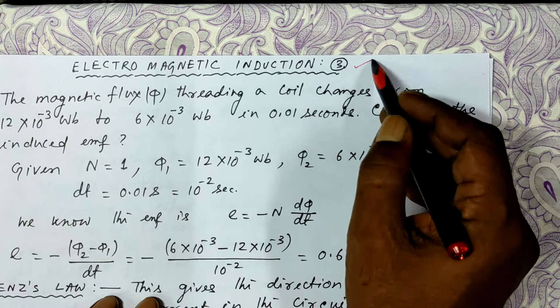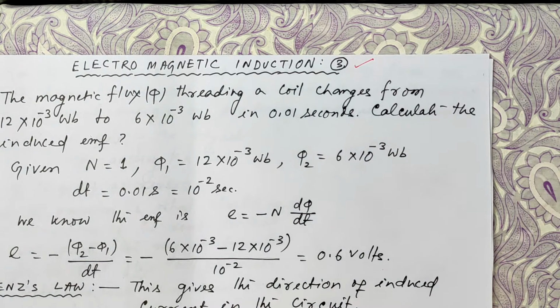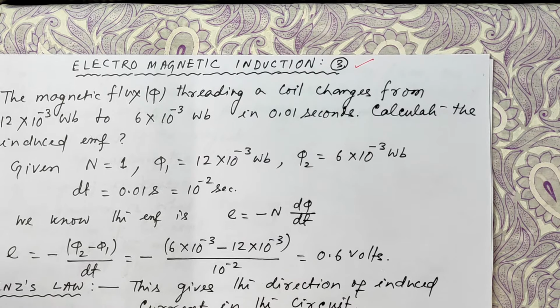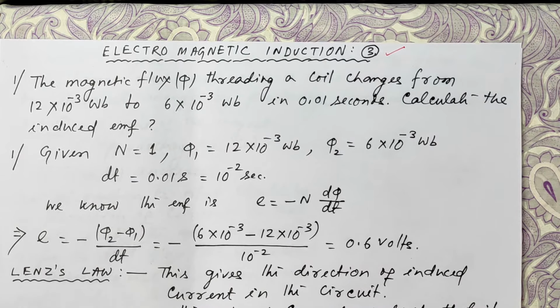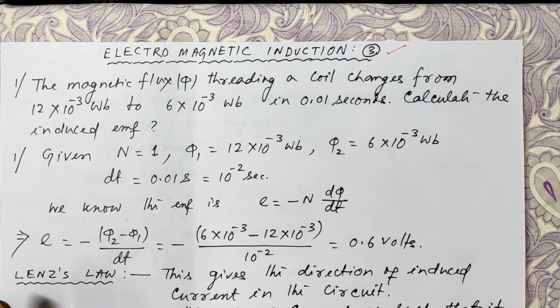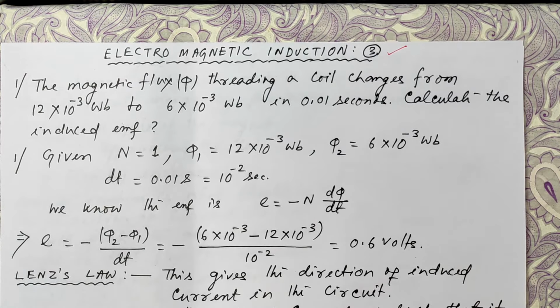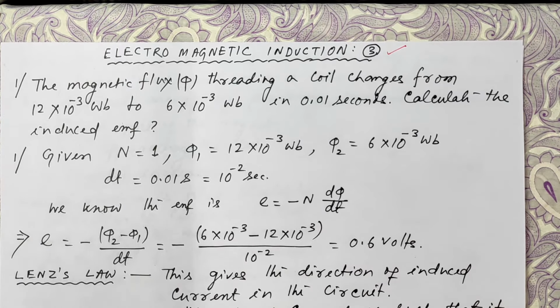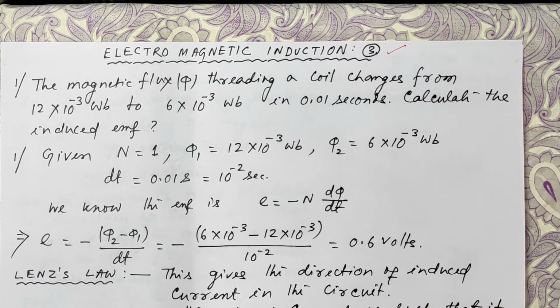Electromagnetic induction lesson 3. In the last two lessons, we did Faraday's law of electromagnetic induction and learned about magnetic flux, and how the flux was increasing when a magnet was moving towards a coil and decreasing when the magnet was moving away from the coil.